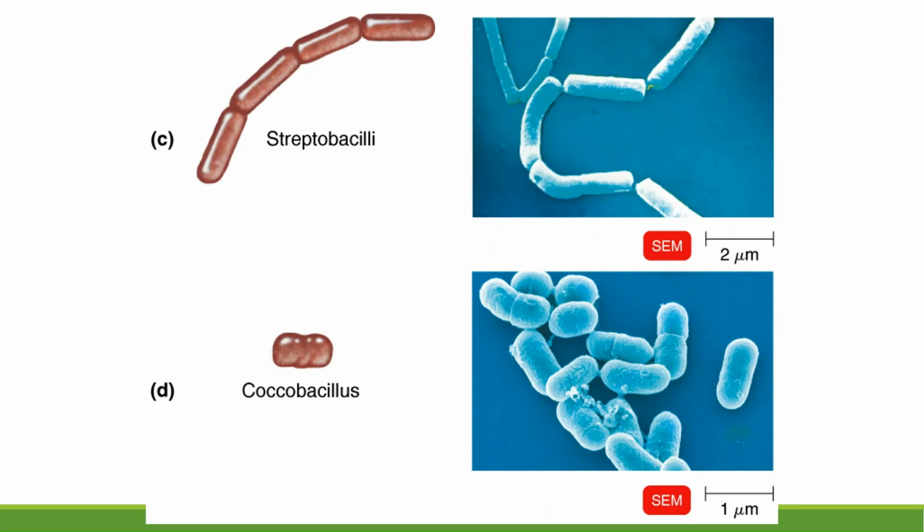So these bacterium are called coccobacillus, shown in image D. They are truncated forms of true bacilli, so they're not quite as long as what you see in the streptobacilli of C. And again, they are not quite as completely round as you would see with a coccus-shaped bacterium. So they're not quite as slender as a bacilli, but not quite as round as a coccus, and that gives you a combination of both: coccobacillus.